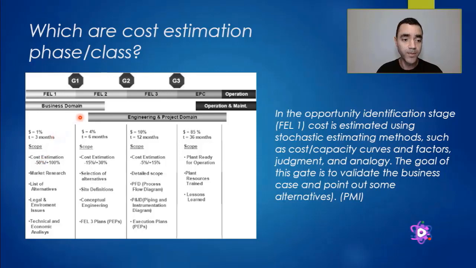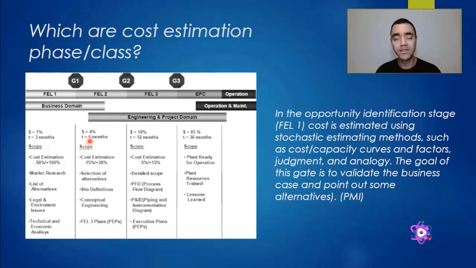So if we do an analogy with the AACE, you can verify that FEL1 is in the business domain and it's very similar to class 5 in the AACE. So in this case, the cost estimation will vary from minus 50 to plus 100.